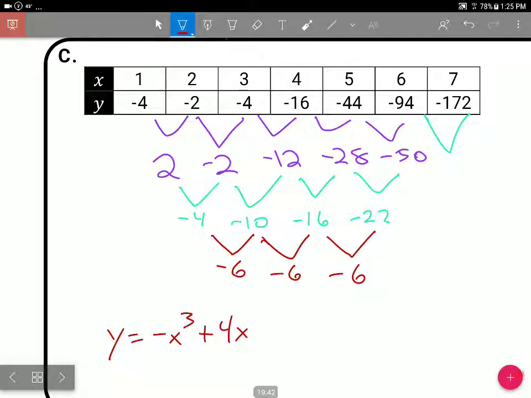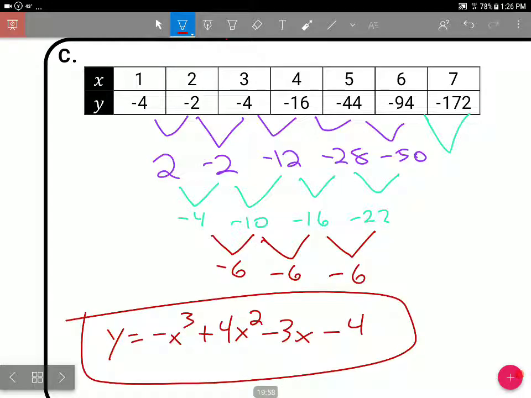Then what was the C value? -3. And the last one was -4. That's your equation. Cool? Thank you for playing.